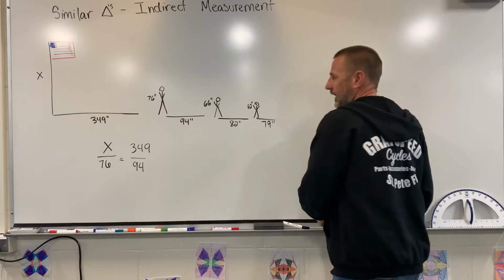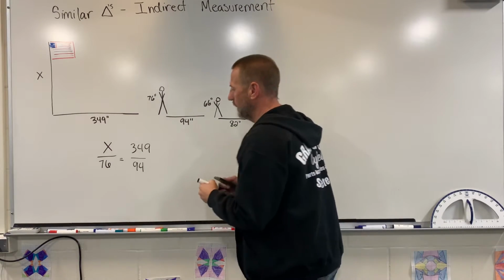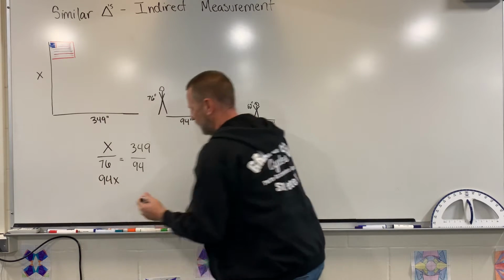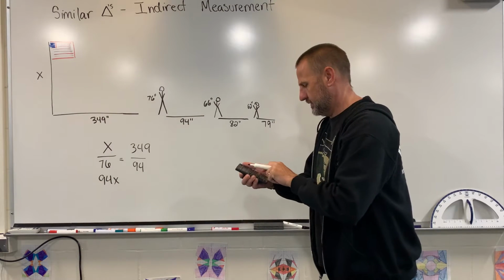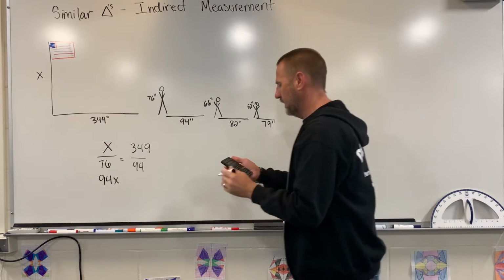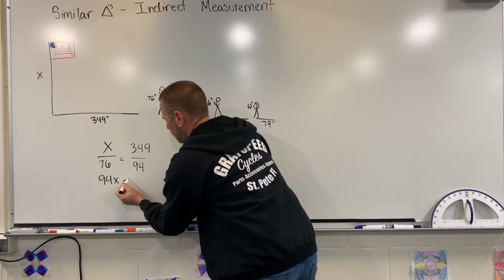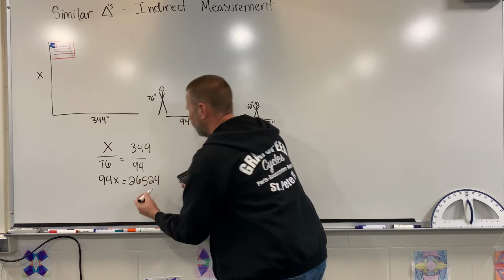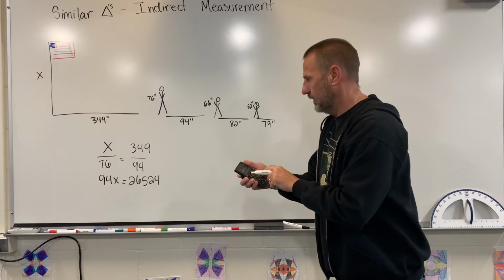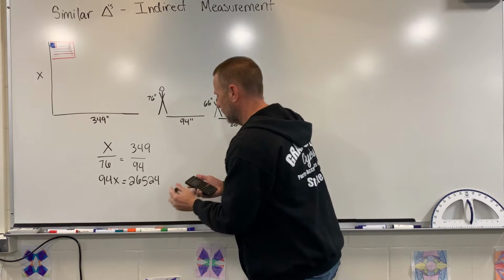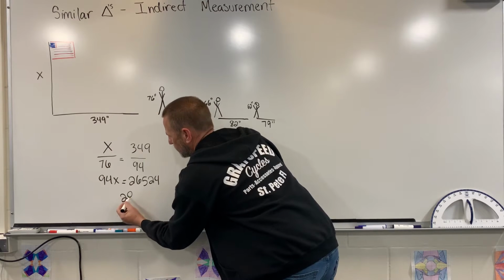All right, so I get my calculator, I'm going to cross multiply. I'm going to go 94 times X. Then I'm going to go 76 times 349, and I get 26,524. If I divide that by 94, I get 282 inches.